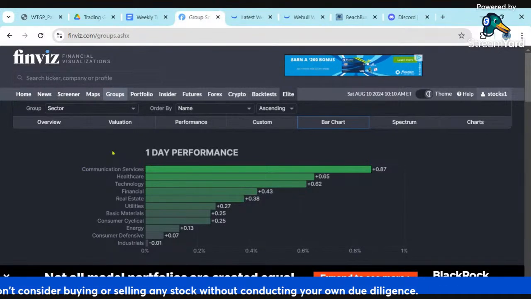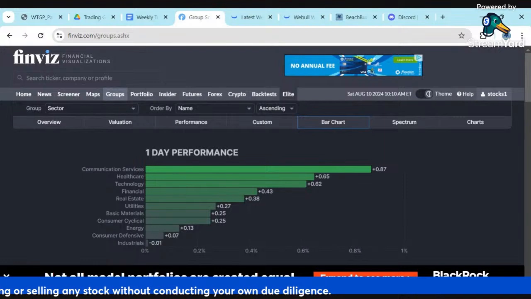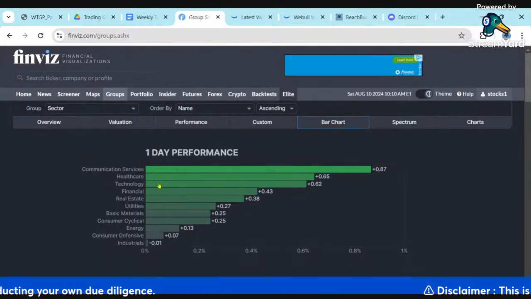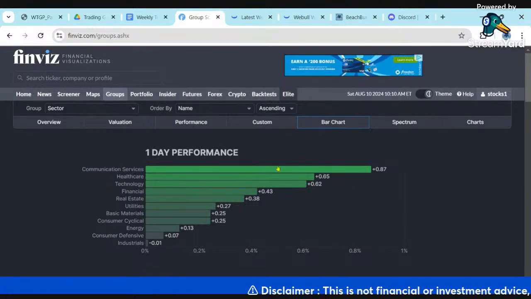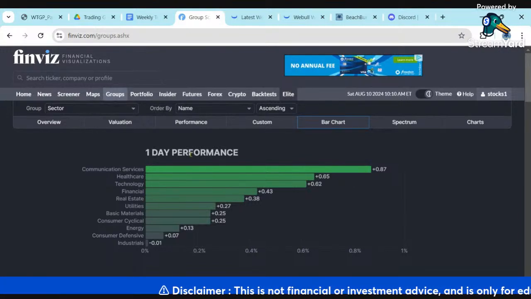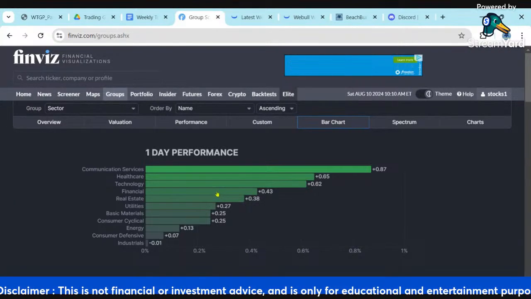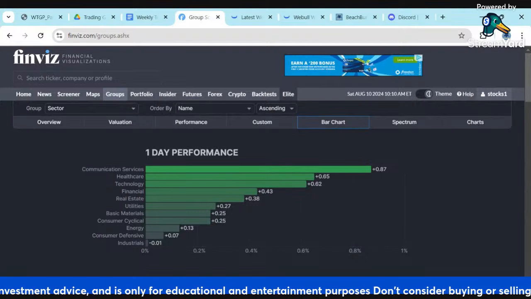So if we look at the sectors for Friday, we can see kind of a dichotomy. We had technology make a rebound, communication services, again, mostly the Magnificent Seven. Financials made a bit of a rebound. Just highlight the comment from the Crow.